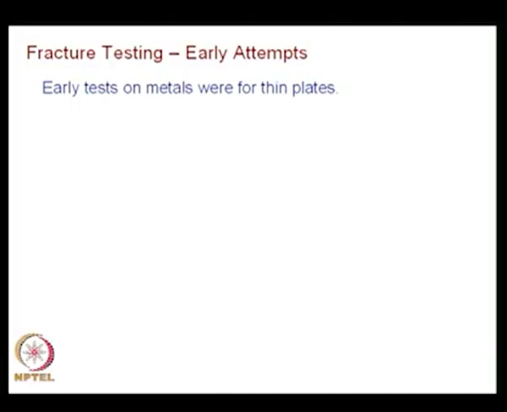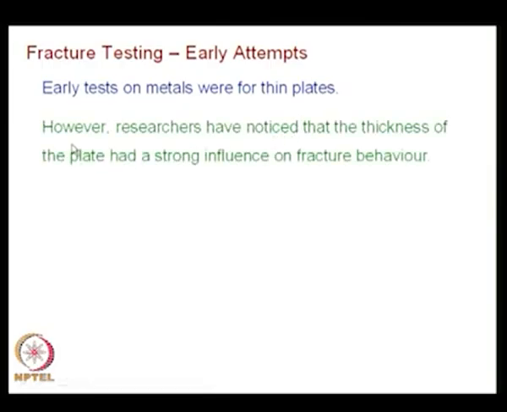Now what we will have to do is go back and see how fracture testing evolved. We have to look at the early attempts, and early tests on metals were for thin plates. However, researchers noticed that the thickness of the plate had a strong influence on fracture behavior. Right now from fracture books you all know that if you have to do fracture toughness testing, you have to maintain plane strain condition at the crack tip, which demands a particular thickness for the specimen.